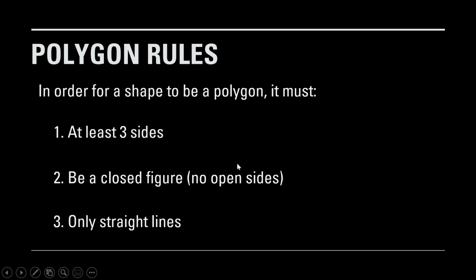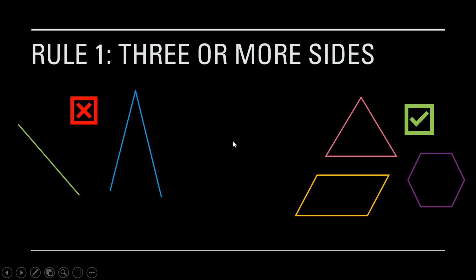Let's take a look at these different rules a little bit deeper and see some examples. The first rule is that it has to have 3 or more sides. When I look over here, I see that my triangle has 3 sides and my parallelogram has 1, 2, 3, 4 sides, and my hexagon has 1, 2, 3, 4, 5, 6 sides.